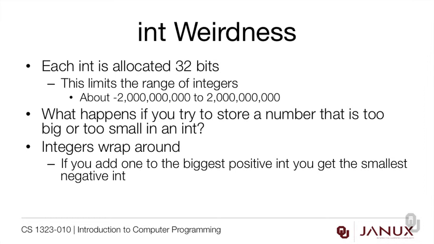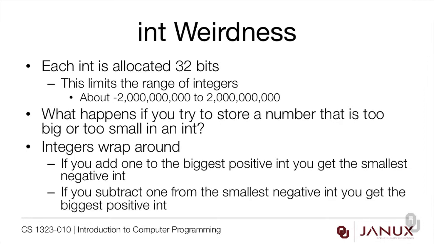Java doesn't tell you that this has happened. So this is something you have to be very careful about. If we have students that are majoring in meteorology, for example, your discipline is the kind of discipline where this causes a problem. What's more, if we subtract 1 from the smallest negative int, you get the biggest positive int. So it's sort of as if the ints were in a circle, and you can be anywhere on that circle, but you can't get off it.